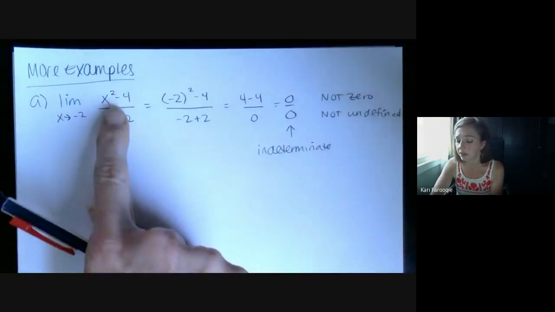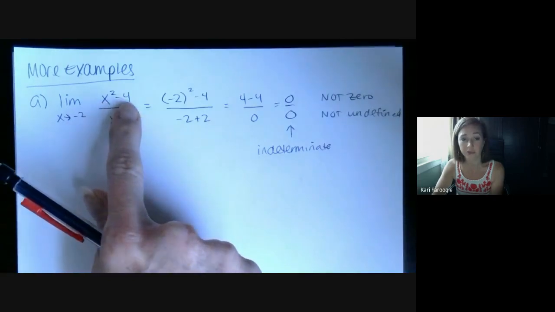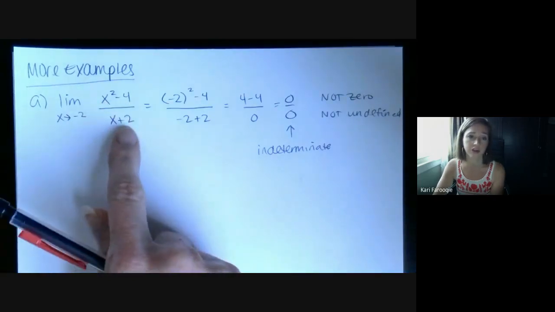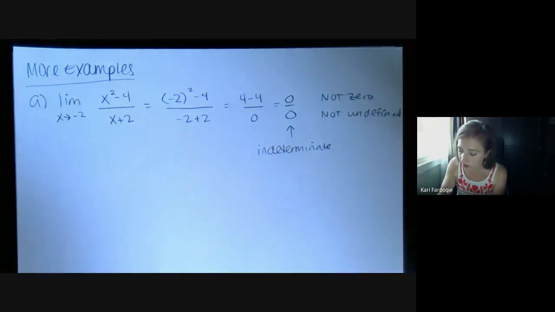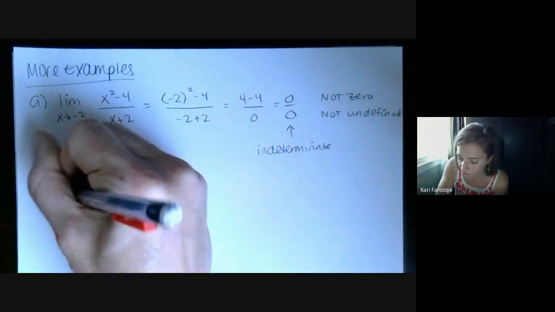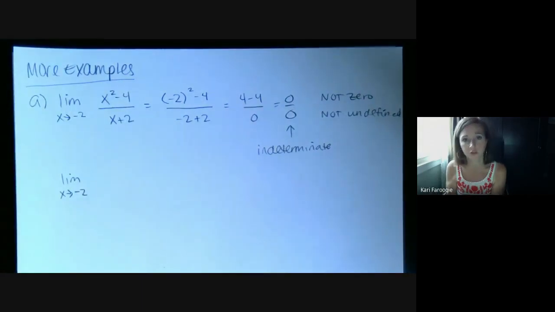Now, for something like this, you might be noticing that if you factored the numerator, you would actually have a difference of 2 squares, and you could cancel out this factor in the denominator. That is completely fair game for limits. You can rewrite your expression with an equivalent expression, and the limit will not change.